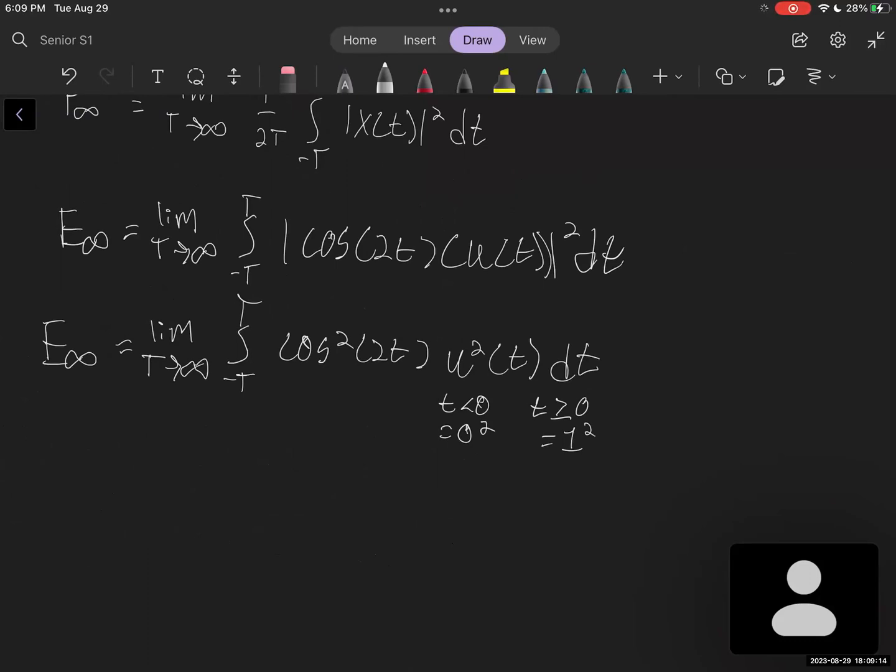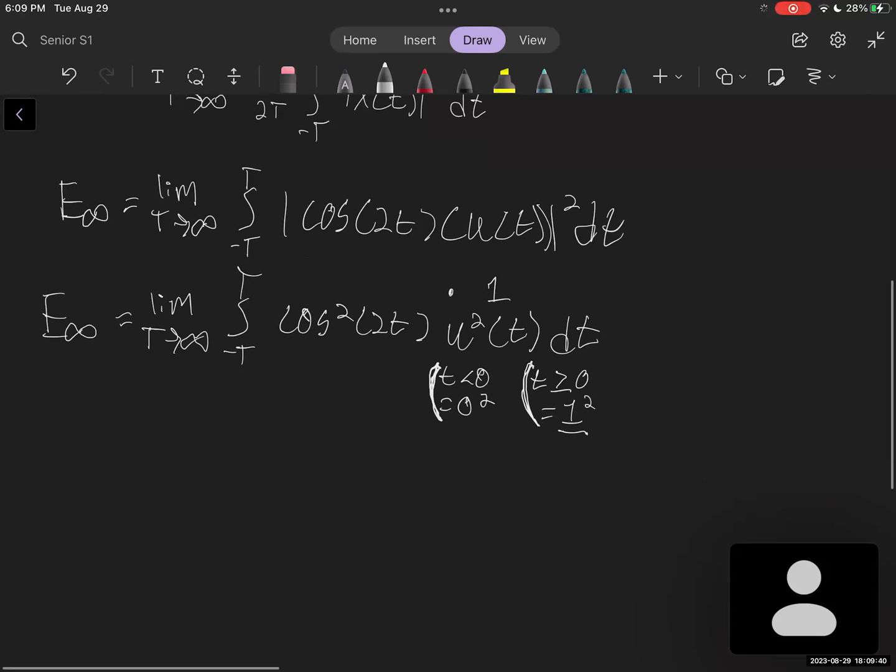And you can use this to say, okay, when t is less than 0, we're in this domain. This function, because it's multiplied, is always going to be 0. And then when it's in this domain, because it's 1, you can just rewrite this term as 1 times your cosine squared. And you can use this to change your integral and change that lower bound from negative t simply to 0.